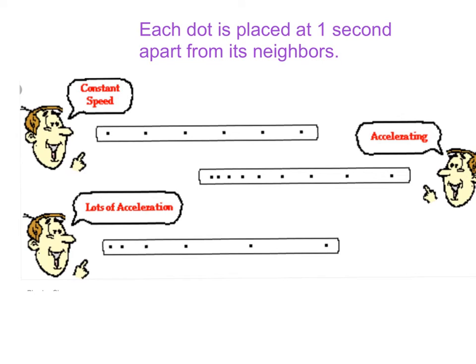These are ticker tape diagrams. What they do is they make a long line of the motion that you're seeing, and each dot that you see on the line on the ticker tape is spaced 1 second apart from its neighbors. So every second that the ticker tape runs by you, it's like you're putting a dot on the page wherever it lands after 1 second of it moving past.